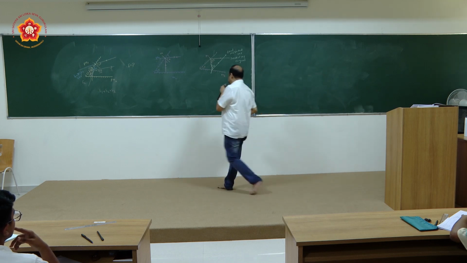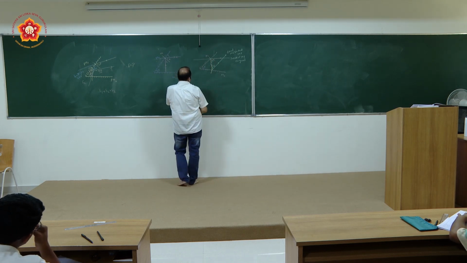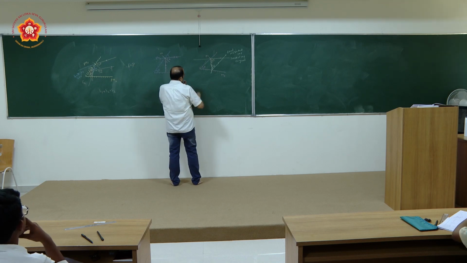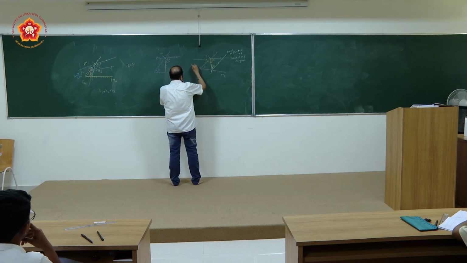Now in this case, this is the original path of the original ray. From here it is getting deviated to this part. So this delta 1 will be taken as pi minus of twice alpha.